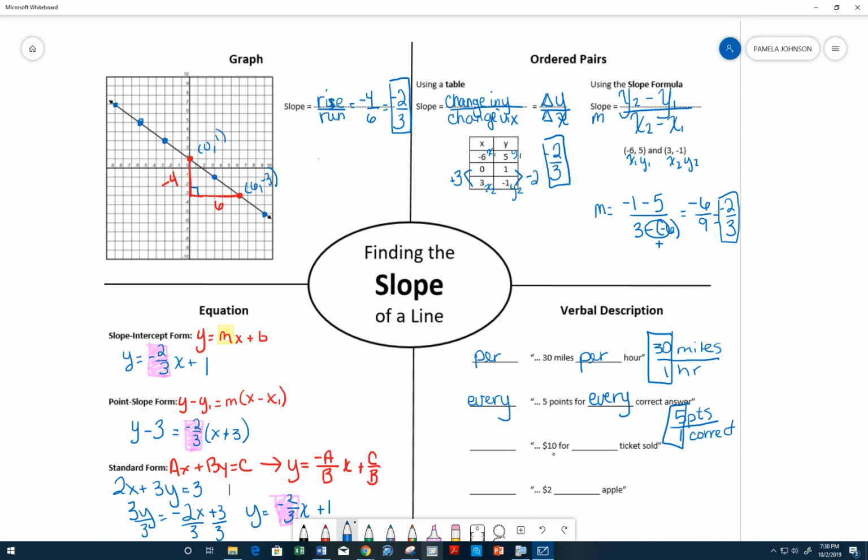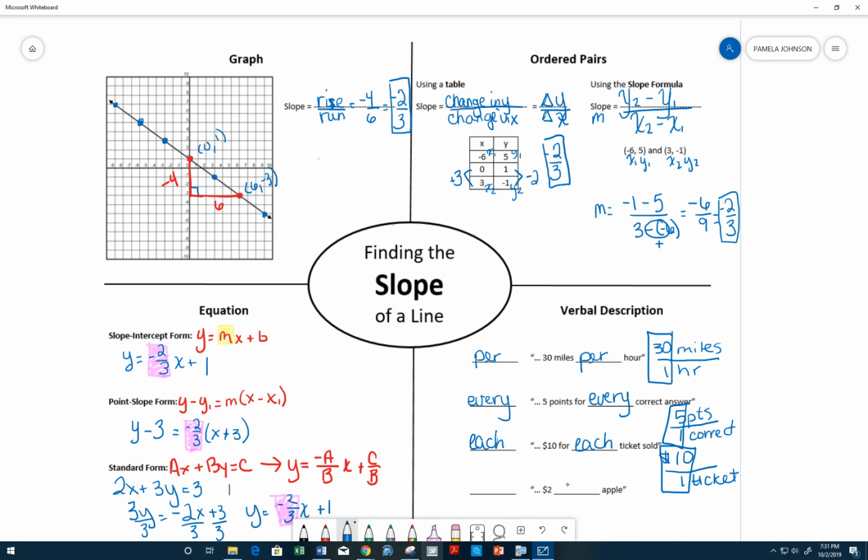If we did $10 for each ticket sold, okay, each is our keyword that we're looking at. So $10 for every one ticket. Okay, that 10 over 1 is our slope.